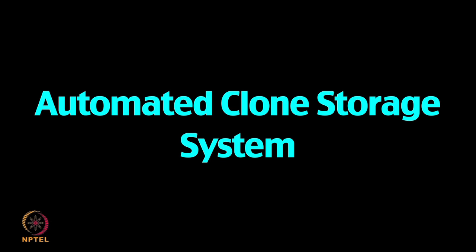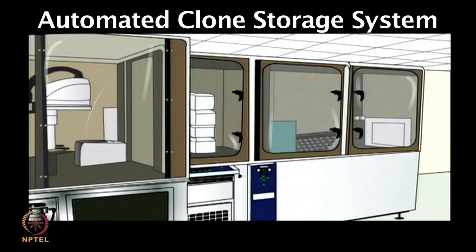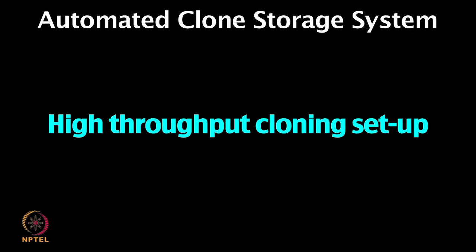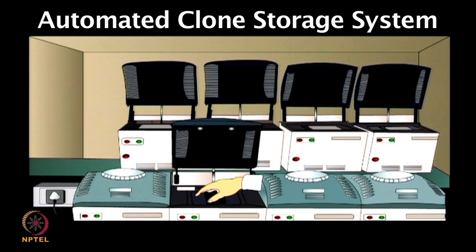Automated clone storage system. In order to program the NAPPA arrays, first of all we will require access to the cloned cDNAs representing the target proteins. The cDNA clones are stored in the repositories at -80 degrees. All the genes should be fully sequenced, with the full length open reading frames captured into a recombination based cloning system.